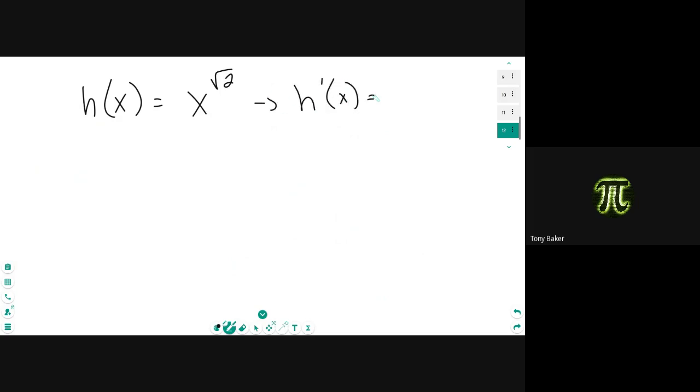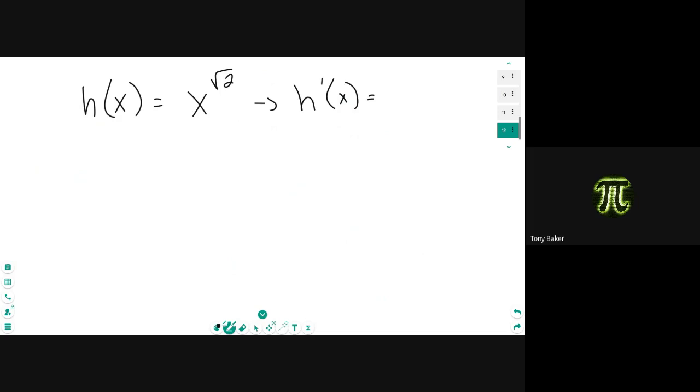What's the derivative of this? Not this one. That was different though. That was the square root of x. Oh, okay.